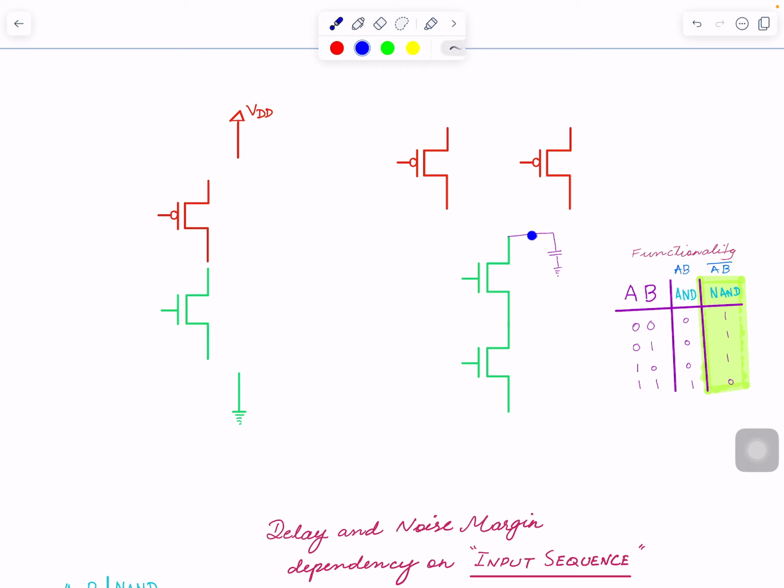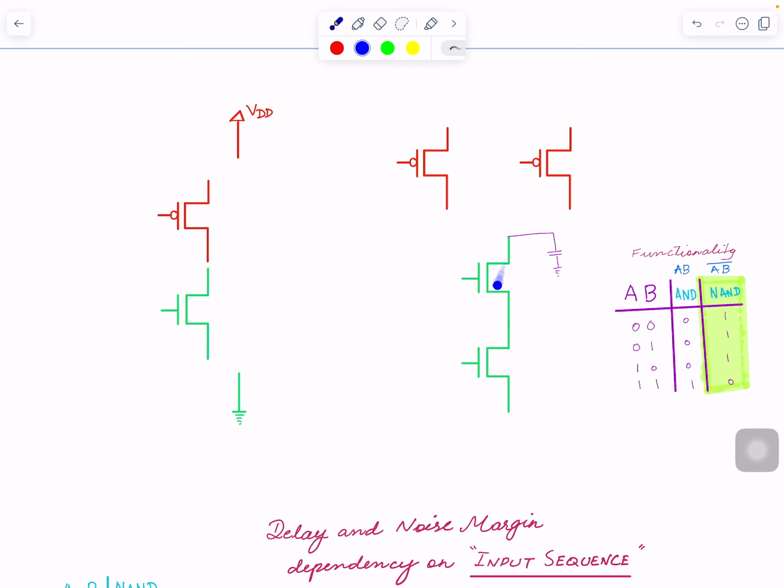NMOS provide a path for the capacitance to ground. So unless we have both NMOS on, this signal will not go down. Okay, so when A is 1, B is 1, only then this node will go down.